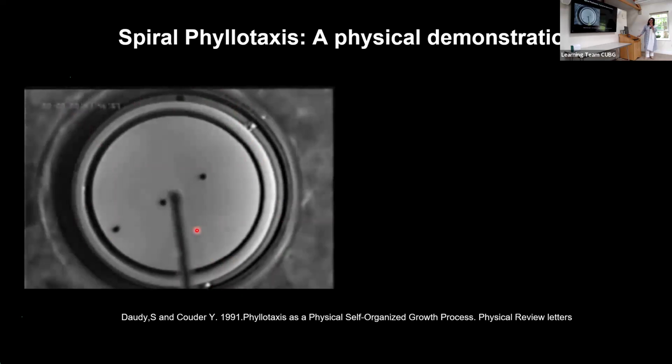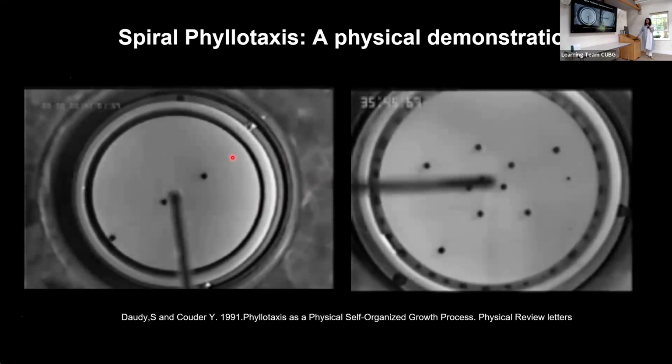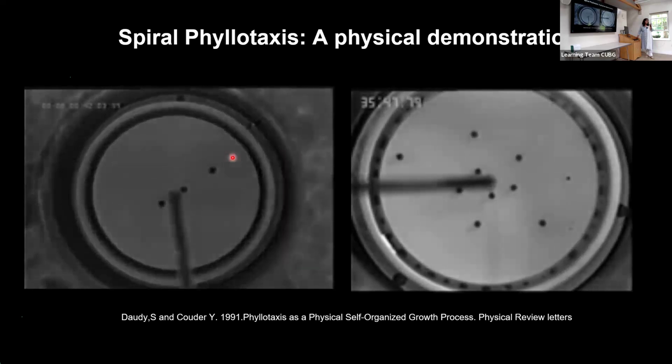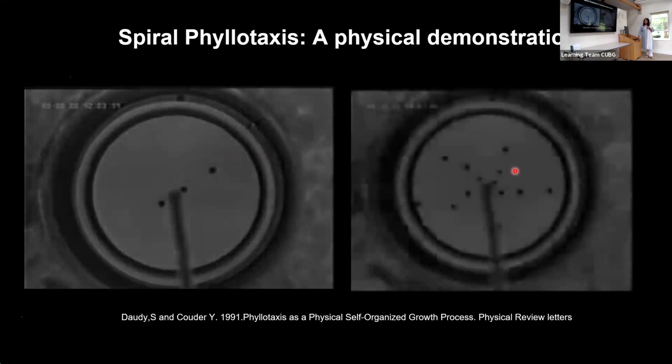Now, you see that these droplets at the moment are dropped very slowly, and all they are doing is just moving away from each other without forming any pattern, just drifting apart. When they increased the frequency or the speed with which droplets were dropped, they could organize into these spiral patterns, which became more obvious when the speed was increased further.